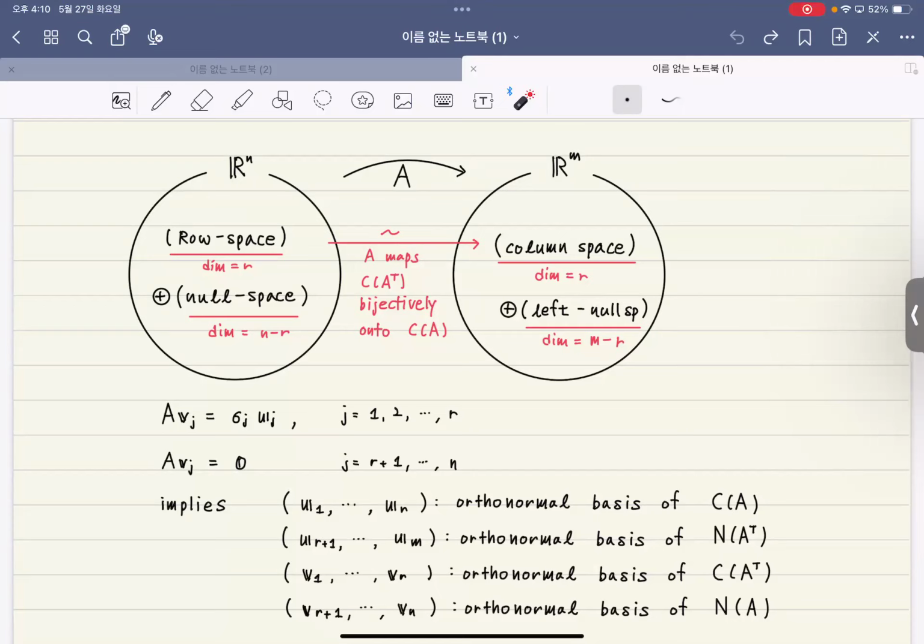And the first r vectors are going to be the basis for the column or row spaces, and the other basis vectors are the basis for their orthogonal complements. And on top of that, they enjoy this very simple relation. So it explicitly gives us a relation of how these basis vectors are related to each other. Okay, isn't that great? Nice.